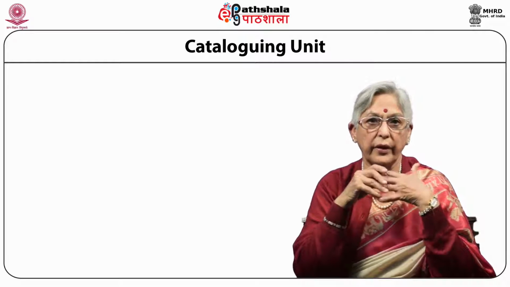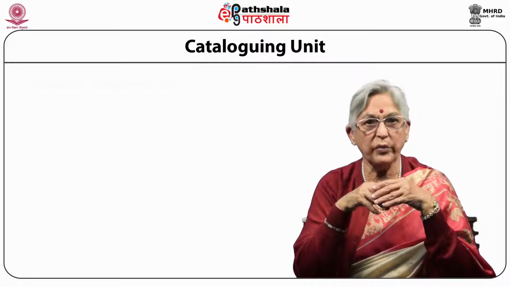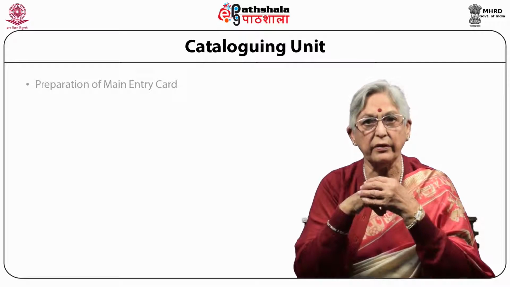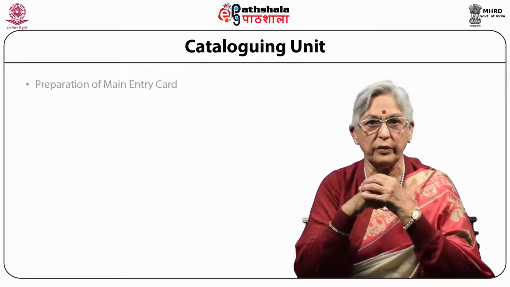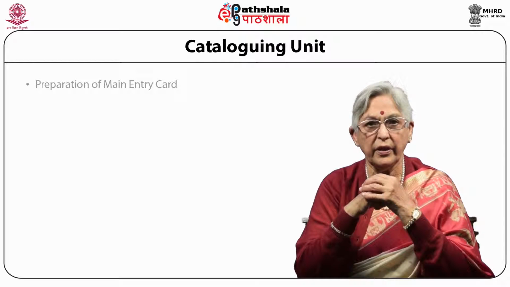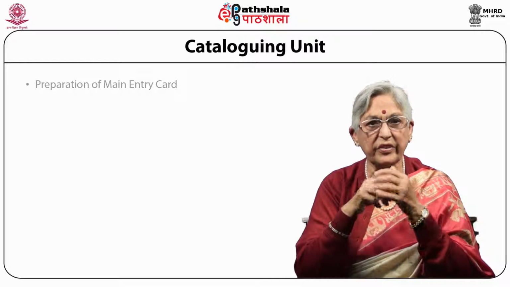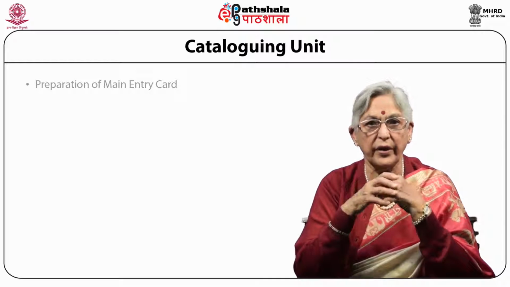Cataloging unit. Manual preparation of catalog cards involves preparation of the main entry card, which contains maximum information about the book. Most libraries use ISBD(M) format, which is International Standard Bibliographic Description for monographs.